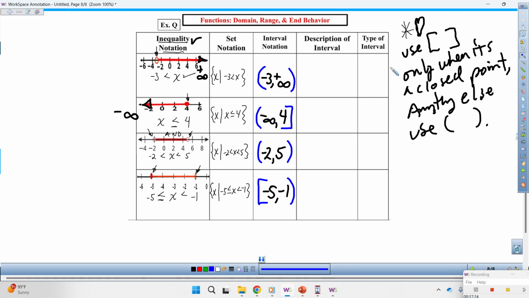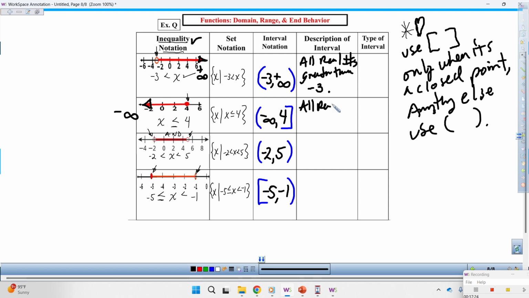All right. Let's write the words. Let's describe this. Write it in here. All real numbers greater than -3. So let's see. All real numbers, they keep going, greater than -3. Okay. Let's look at this one.